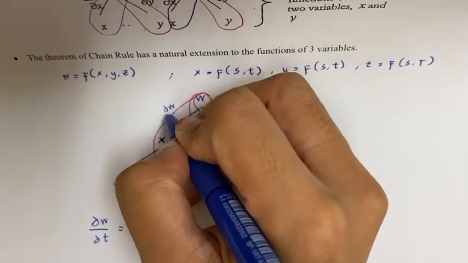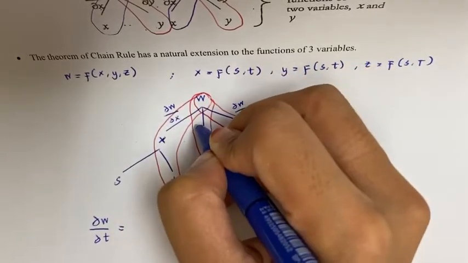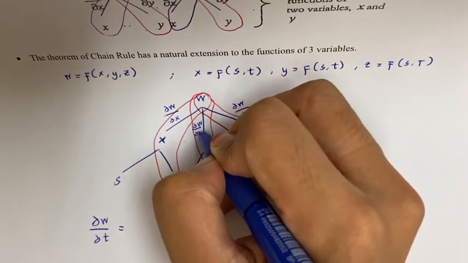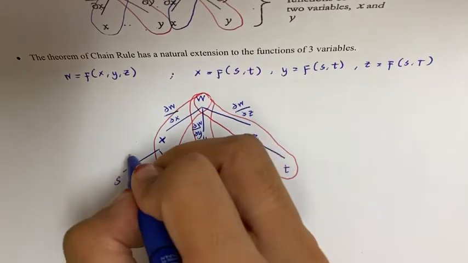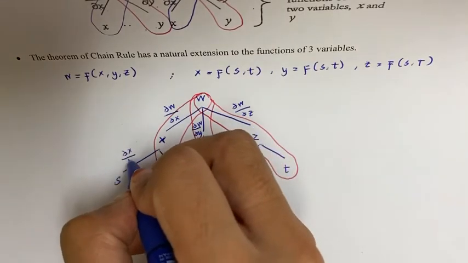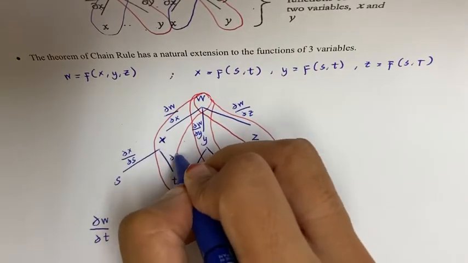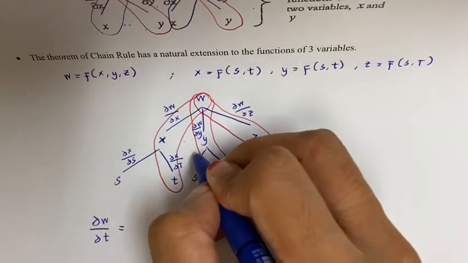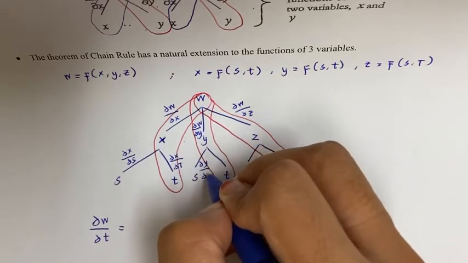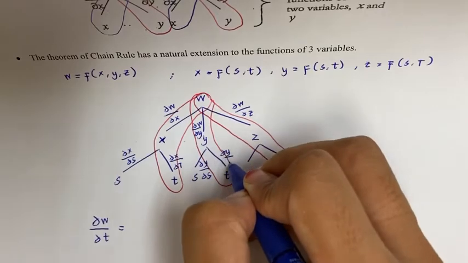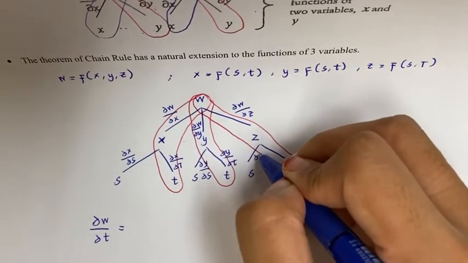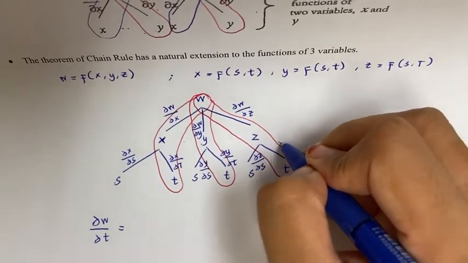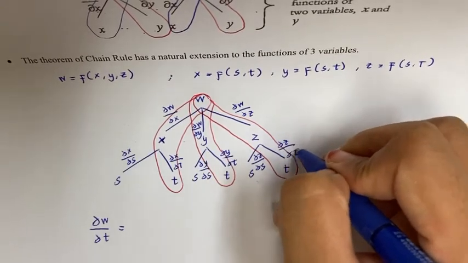This one you have del w over del x. This one you have del w over del y. Here you have del x over del s, del x over del t, del y over del s, del y over del t. This is del z over del s, and this is del z over del t.